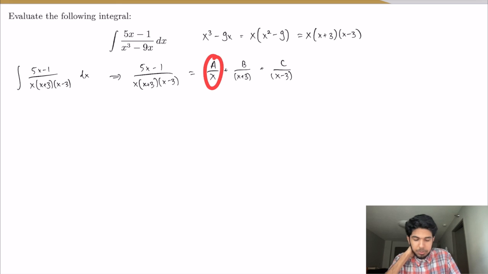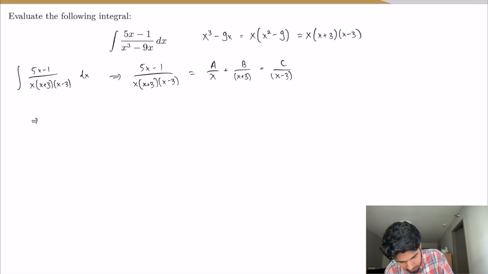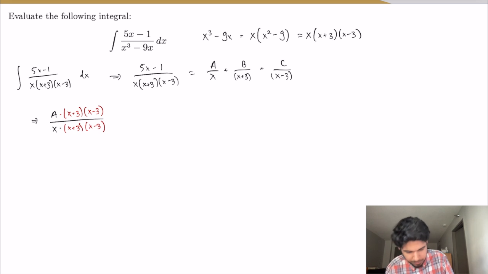So we need to multiply the numerator and the denominator of this first term by (x + 3) times (x - 3), right? So this will become a times (x + 3) times (x - 3) over x times (x + 3) times (x - 3).